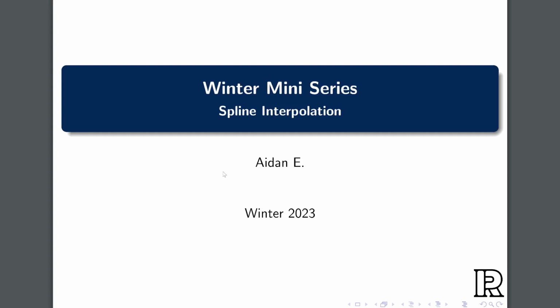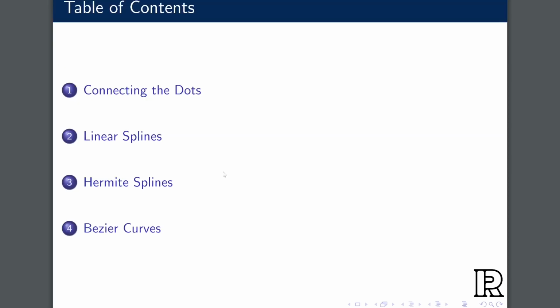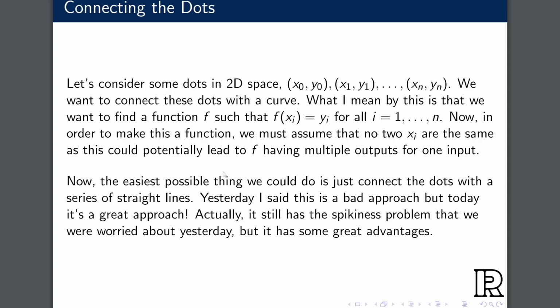So, first of all, what is spline interpolation at all? We're going to play the same game we played yesterday. It's not a problem if you weren't here yesterday, but it's the same game. It's called Connect the Dots. I'm sure most of you played it as a child. So we have some points in 2D space, and we want to connect these.